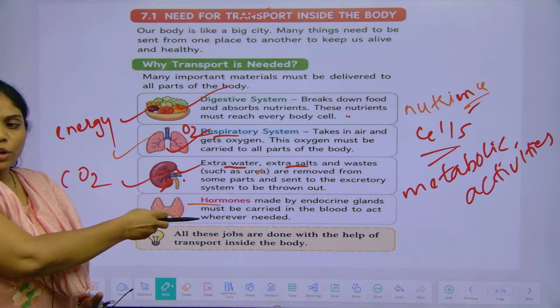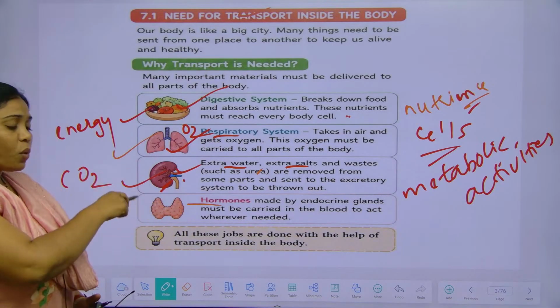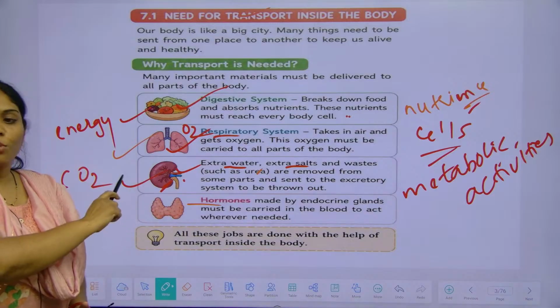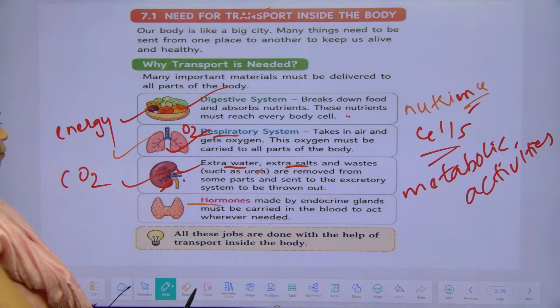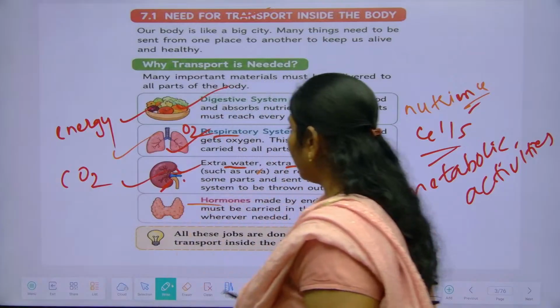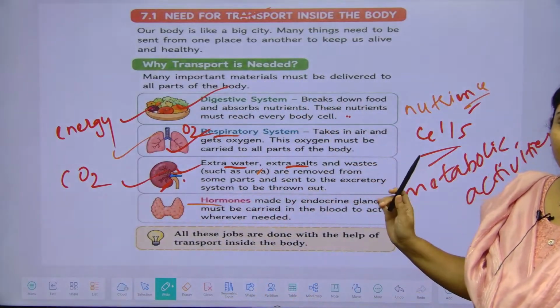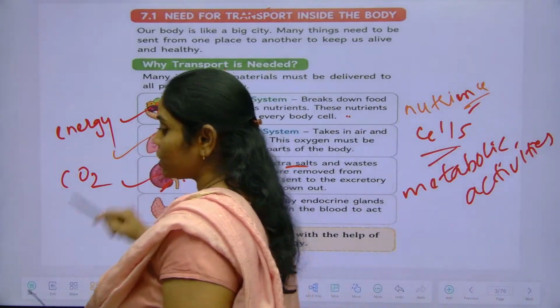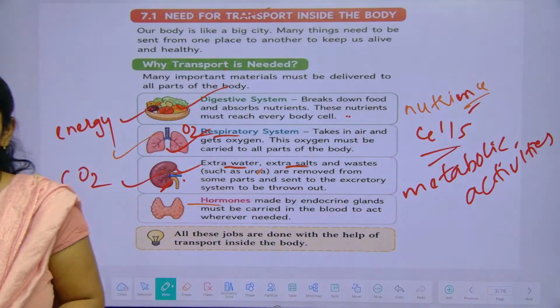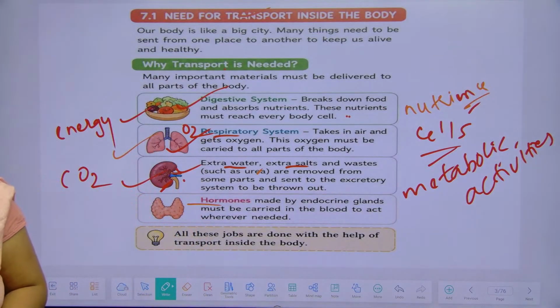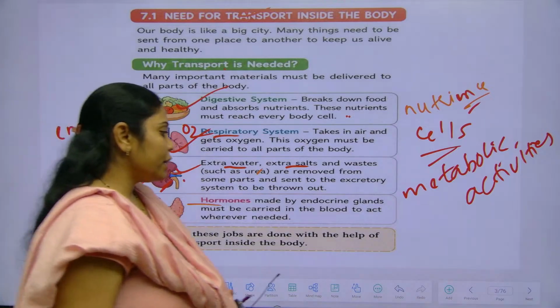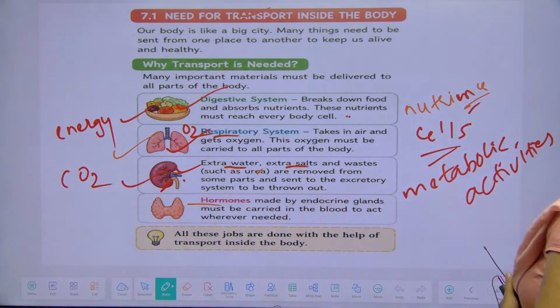To the blood only. So, here the blood is the one carrying the hormones also to the particular target organ. So, what I want to conclude here: the major transport system, that is the blood circulating system, is taking different kinds of substances to the particular target organ.